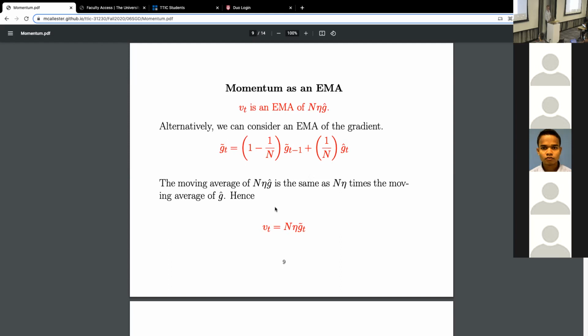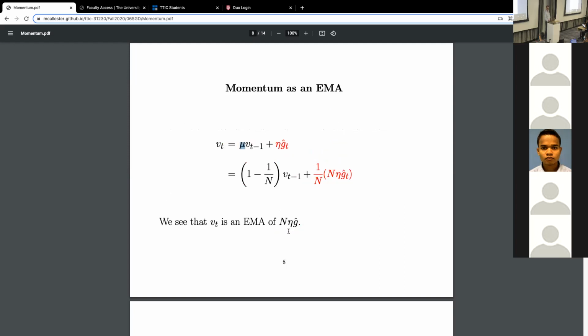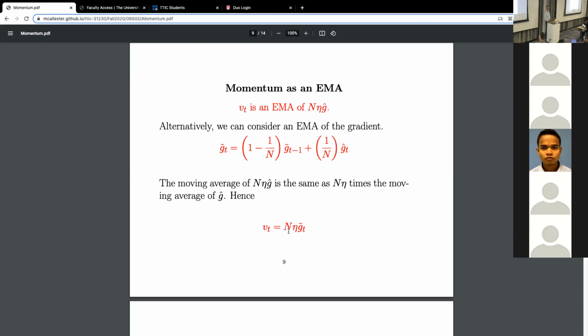It turns out that this equation we just had, because the moving average of n eta g hat is n eta times the moving average of g hat, can be written this way: the velocity in the standard parameterization in PyTorch can be written this way, where this is just the moving average of g hat, of the estimate.